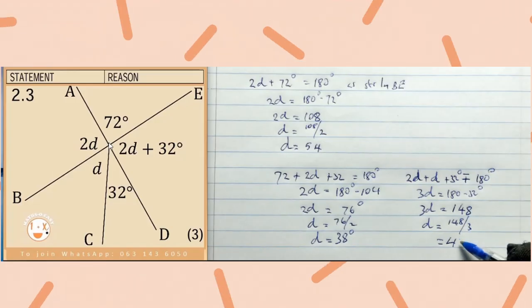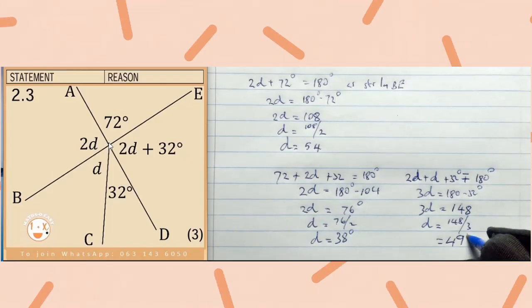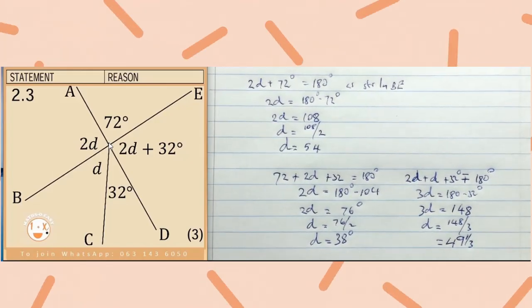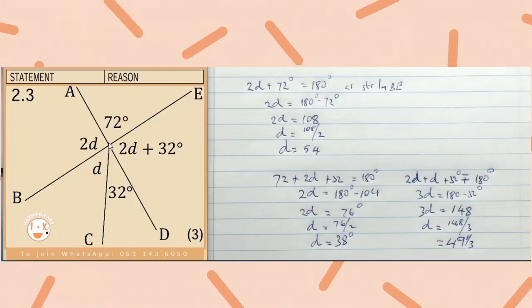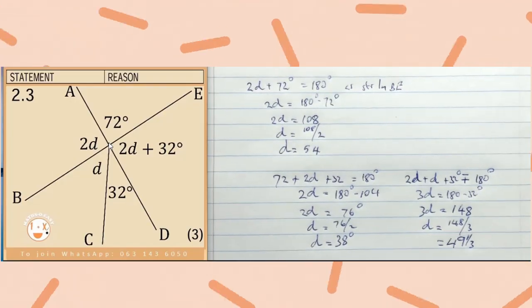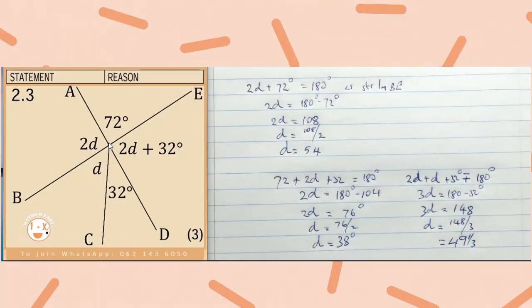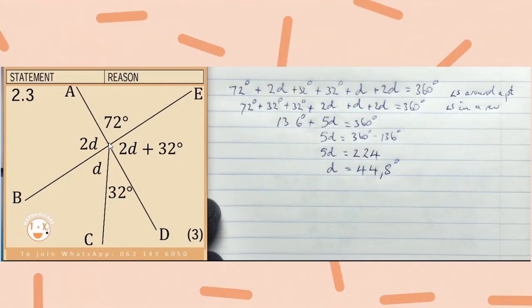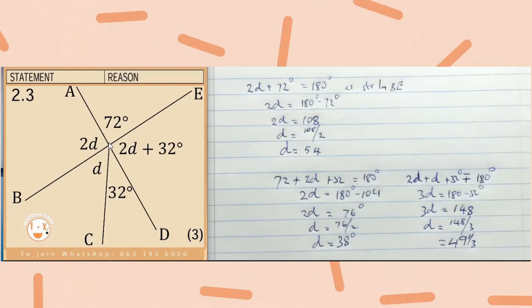So in 28, I'll have a 9, isn't it? Okay. I'll have a 9 because it's 27. And then 1 over 3. You see now I'm teaching you other things. Teaching you fractions, mixed numbers. Look at that. So our original D is what? 44.8. What about the other D's?